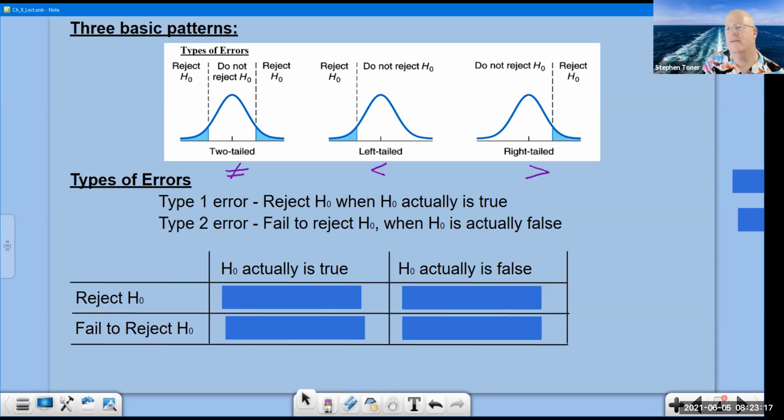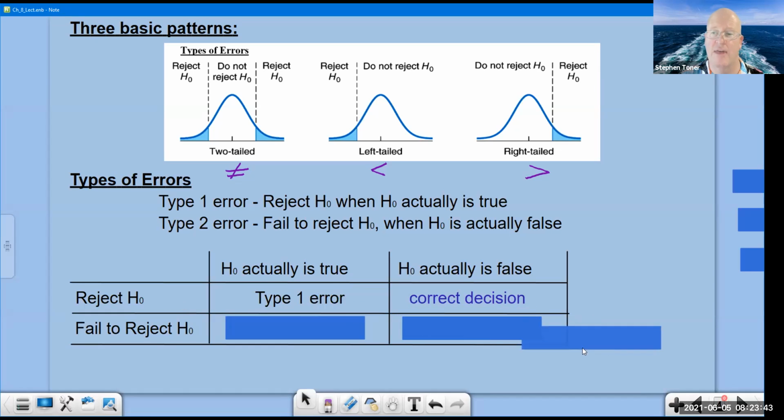Now what we have here in this table below is the same stuff I have in these sentences up above, but inside of a truth table. Okay, let's pretend we reject the null hypothesis. If the null hypothesis actually is false, that was a correct decision. But if the null hypothesis actually is true and we reject it, that's going to be a type 1 error.